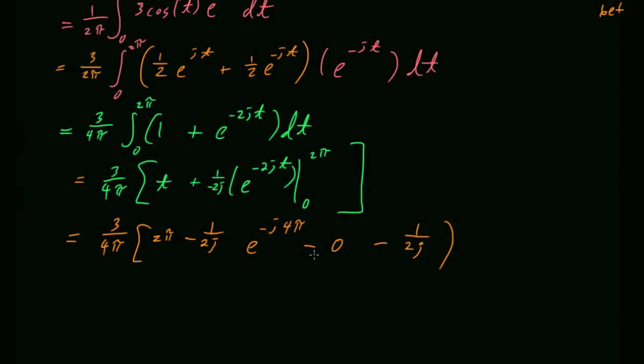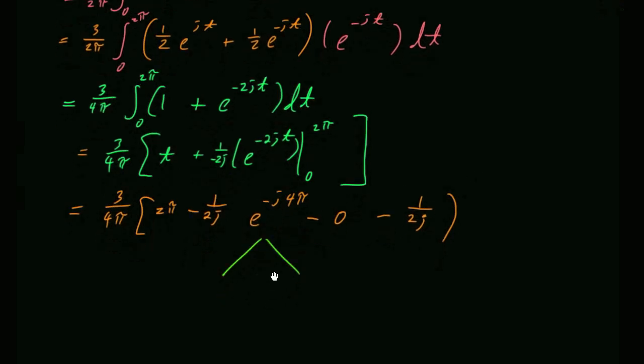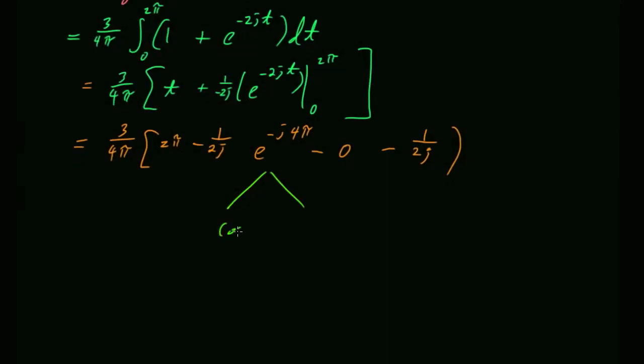Talk to me about this term. Yes? That's just going to be 1, because that's the cosine of 4 pi. Everyone has to get good at this, right? This is equal to cosine minus 4 pi plus j sine minus 4 pi. What's cosine of minus 4 pi? 1, right? That's 1, that's 0.